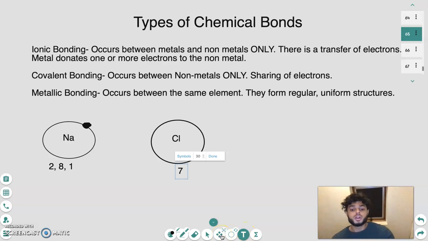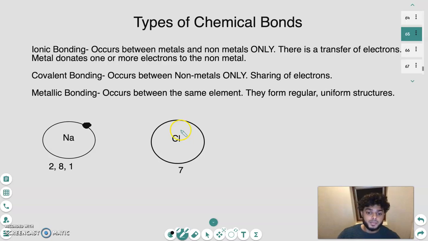Now in order for sodium to gain a full outer shell, what it must do is donate its 1 electron in the partially filled shell to another element. Sodium is the metal, and it will donate one of its electrons to the chlorine. Now we represent the second element's electrons with crosses, and that's why we call these dot and cross diagrams.